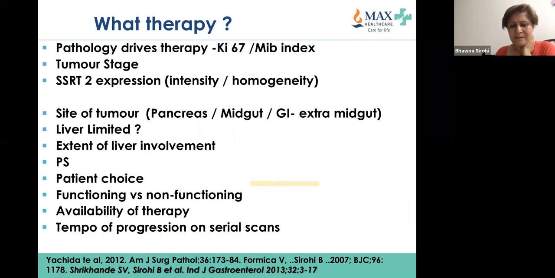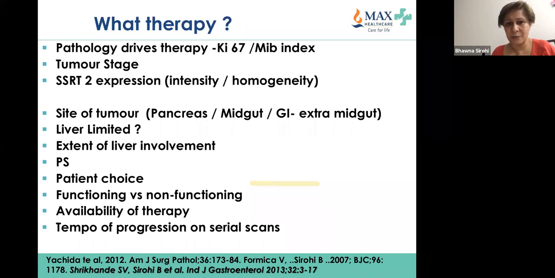So I think this is very, very important for us in India because we are a resource-limited country. I would say 70 to 80% of our patients will not be able to afford the treatments that I'm going to discuss. When you start any of the targeted treatments I'm going to talk about, even though we have generics which are available, most of us cannot afford it.